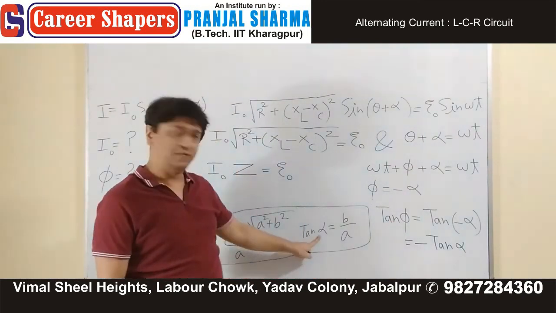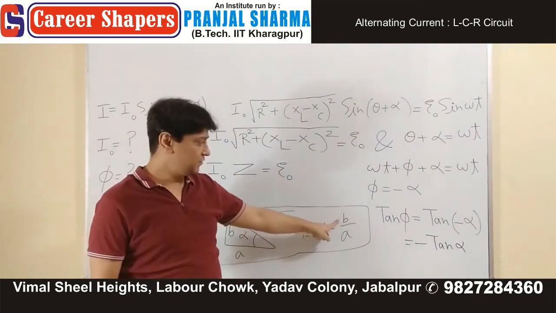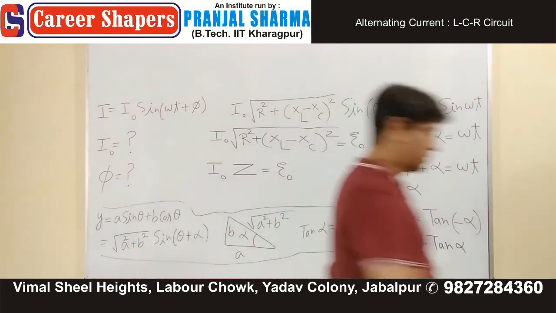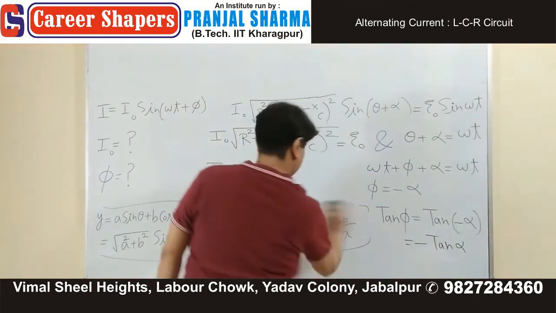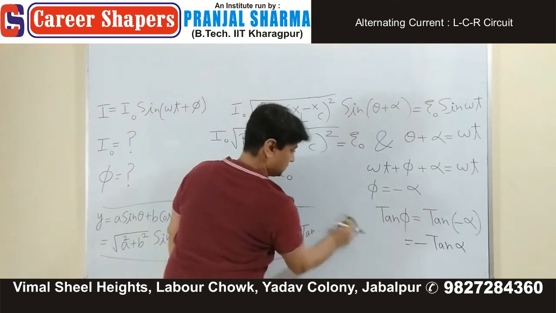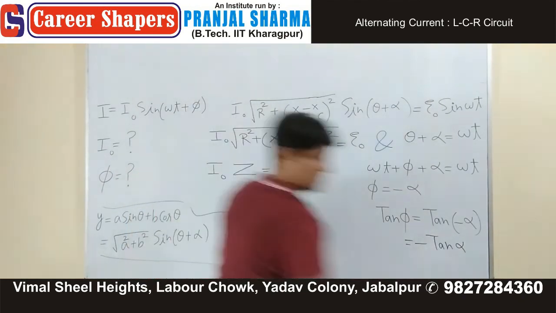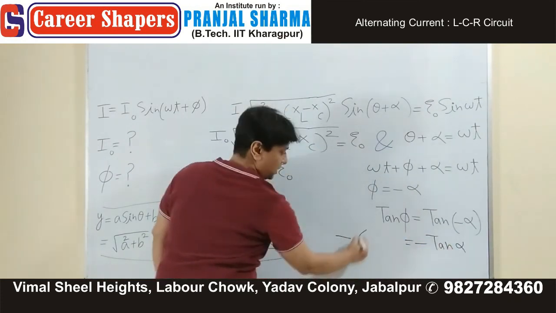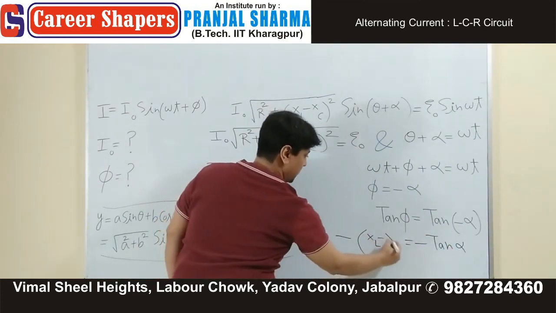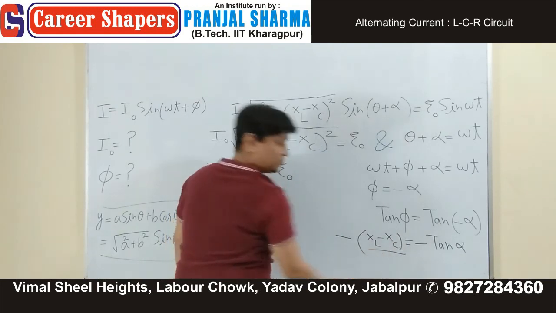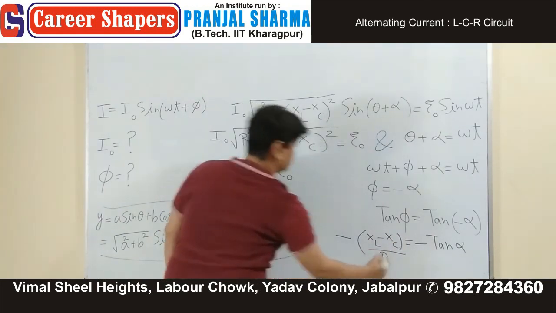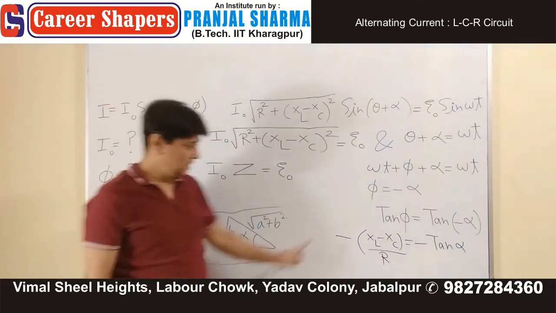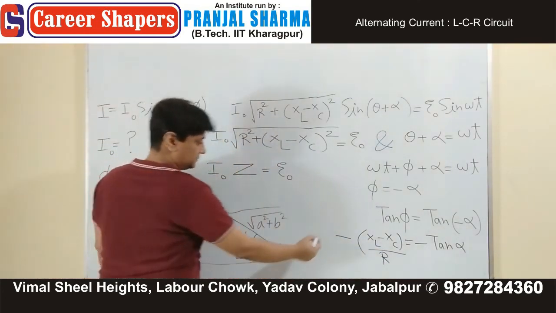But what is tan alpha? Coefficient of cos over coefficient of sine. If you remember, coefficient of cos was XL minus XC and coefficient of sine was R. Take the negative sign inside.